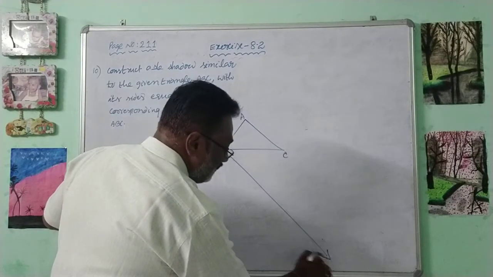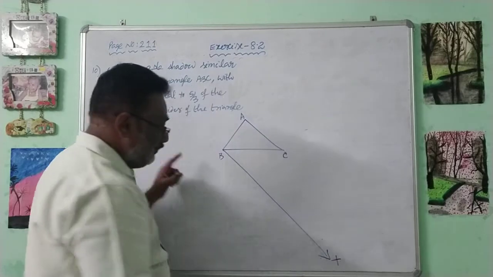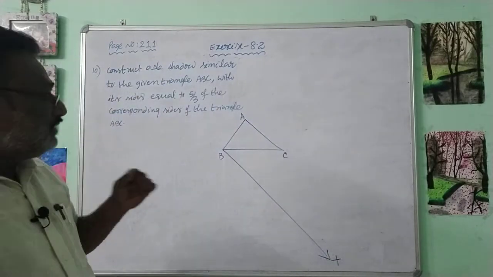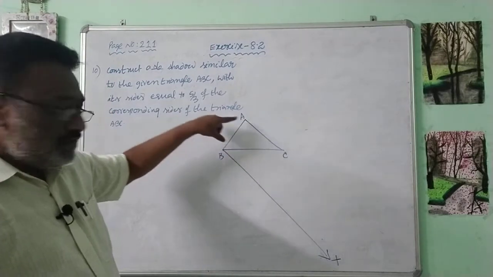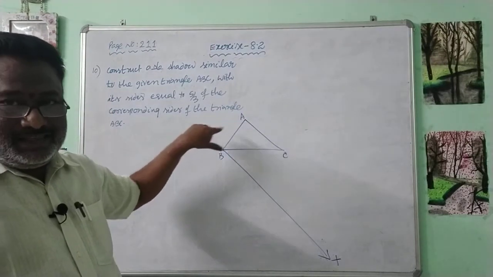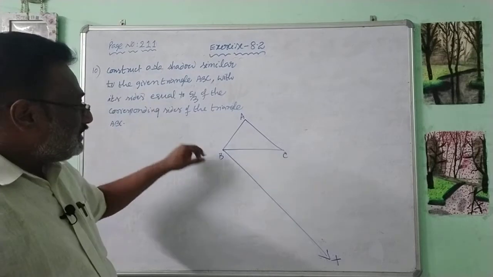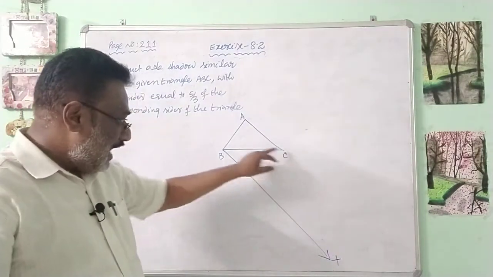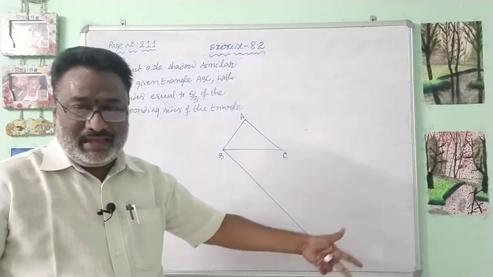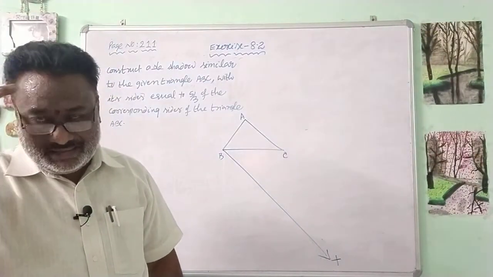That's all. So this ray here I am taking as BX. Okay, first of all with my own measurements one triangle has been drawn by me. The name of the triangle is ABC. Next at B I am drawing an acute angle, angle CBX is an acute angle. In that way you can write it in the steps of construction.